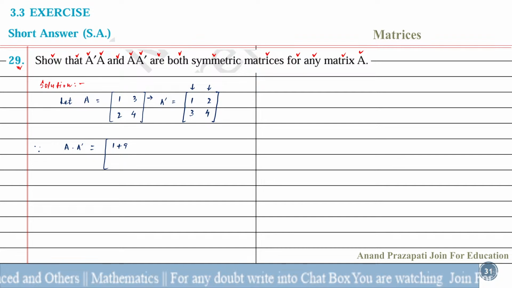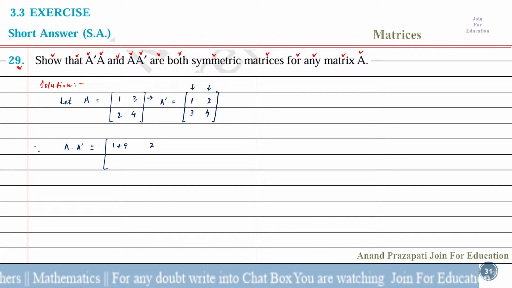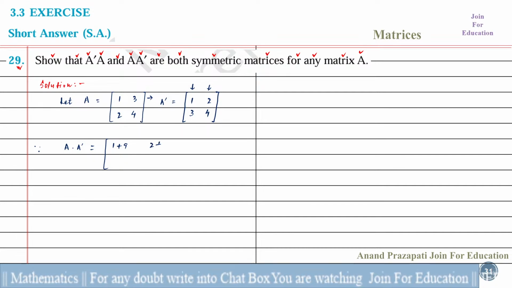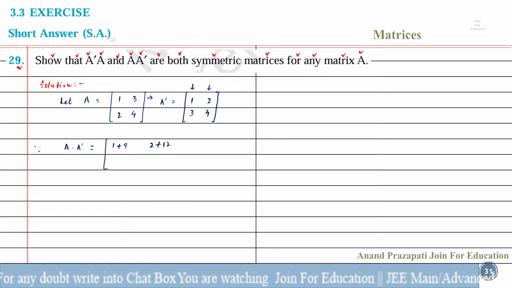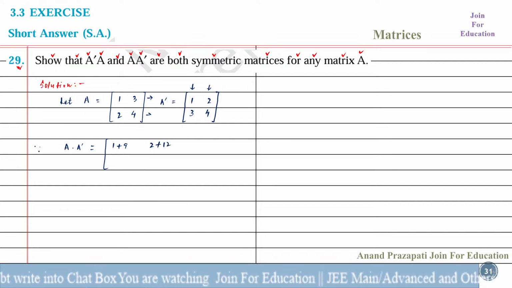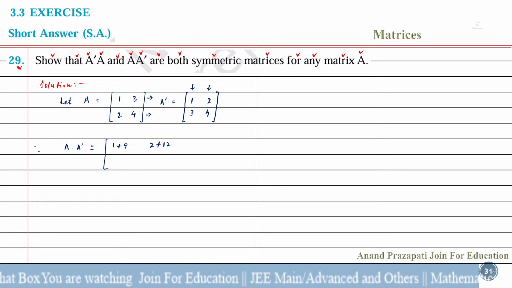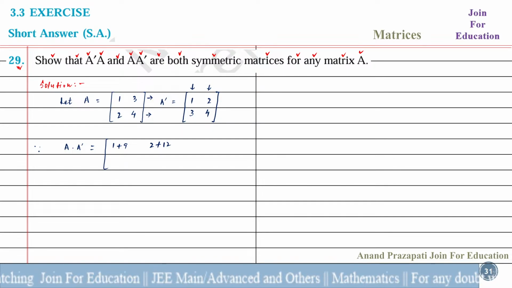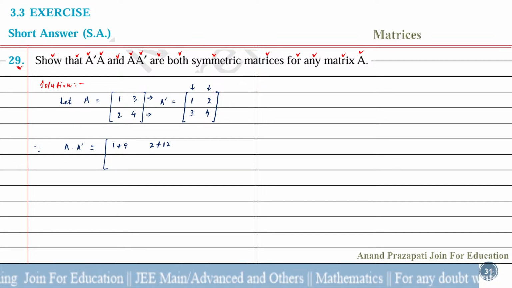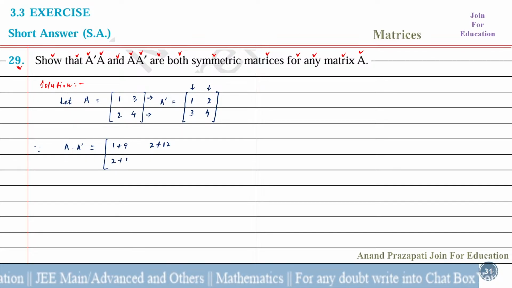Therefore, here will be 2 plus 12. 2, 4 multiplied by the corresponding element of 1, 3, then we get here 2 plus 12.